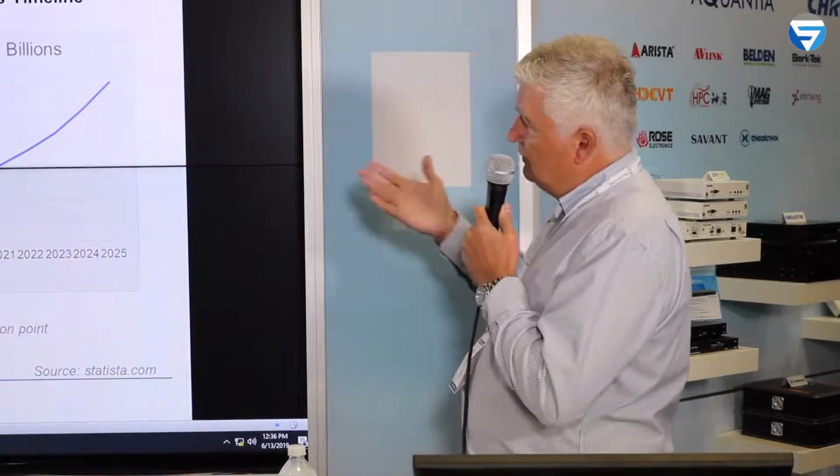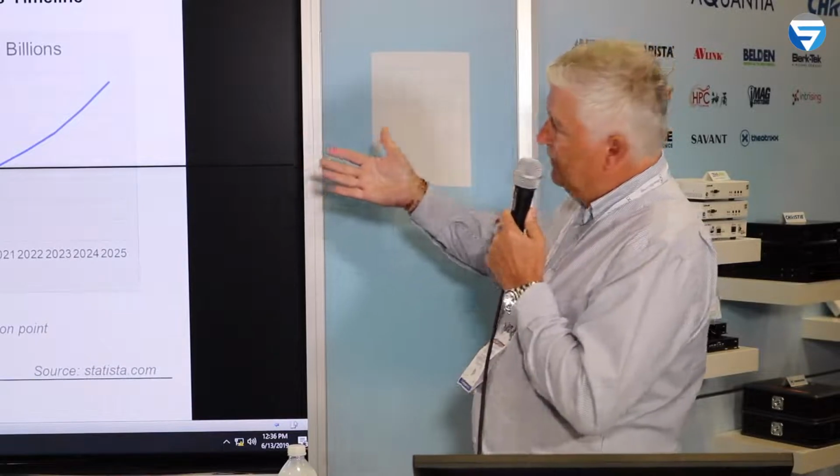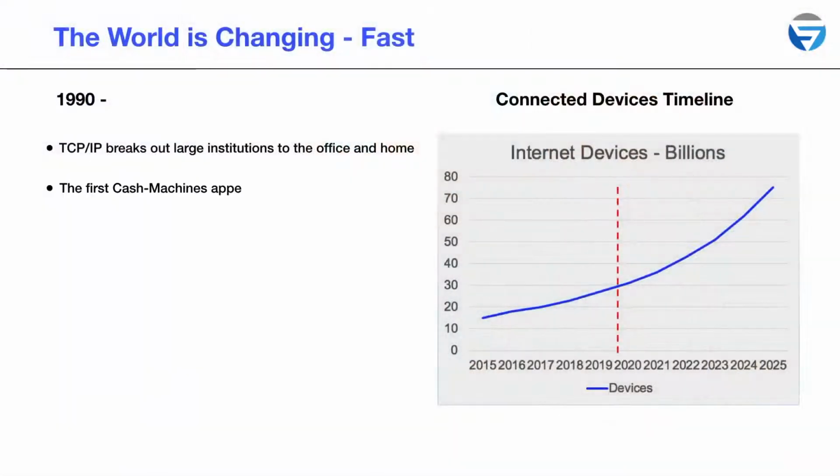And what's interesting is in less than 30 years from when IP was born, we had the first cash machines, one of the first global uses of that, connecting the world of our life to money. Then the mobile phone companies wanted to get involved, so for data they invented 2G, which wouldn't even operate now.